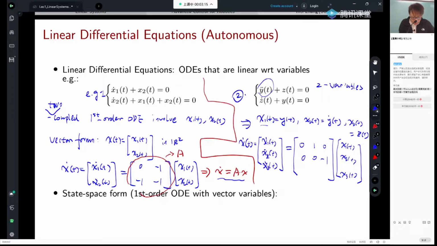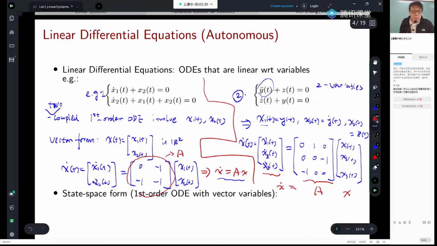Z dot is negative 1, which is this one, so negative 1, 0, 0. All right, so in this way, I also have x dot equal to A times x. For all the systems of differential equations, I can make it a state space form.